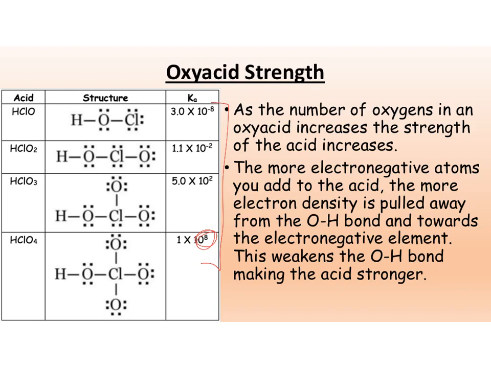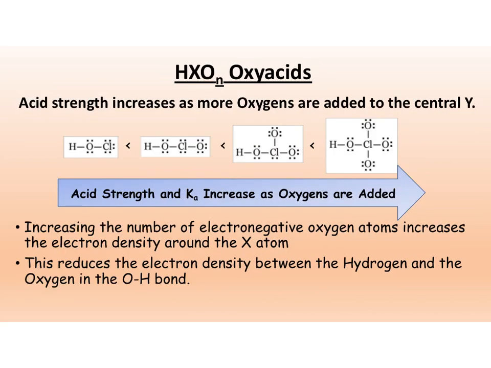Oxygen's a pretty electronegative element, so it pulls the electrons towards this whole group, weakening this bond here, and because that bond is very weak, the hydrogen comes off really easily, which is the definition of a strong acid. So the more oxygens, the stronger the acid, the bigger the Ka.